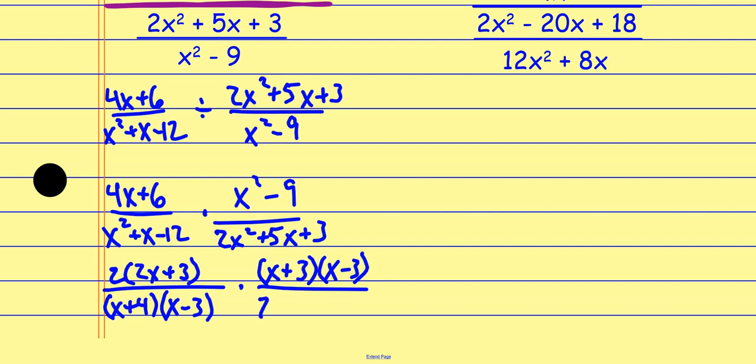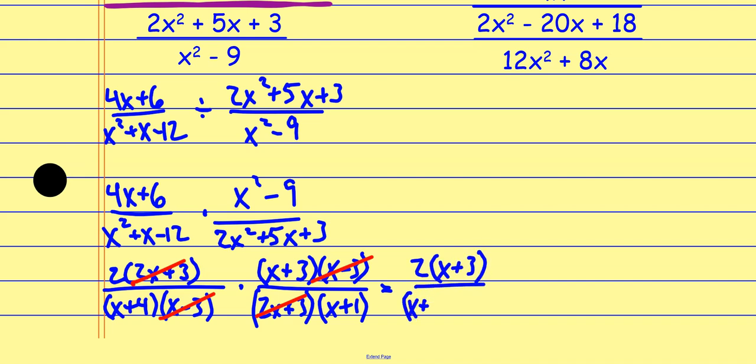Build your bridge, split out the middle term, factor by grouping, all that fun, wonderful stuff. And now start canceling. These guys cancel. These guys cancel. So I'm left with 2 times x plus 3 over an x plus 4 and an x plus 1. But again, once we're past that first step, it's literally the same thing that we've been doing, okay?